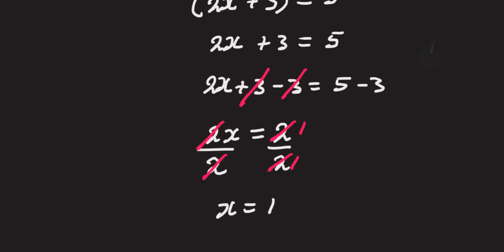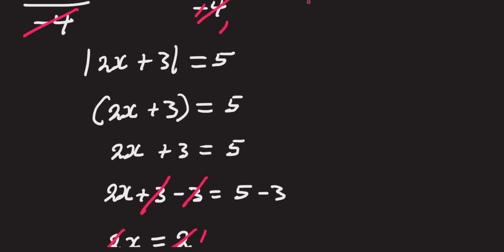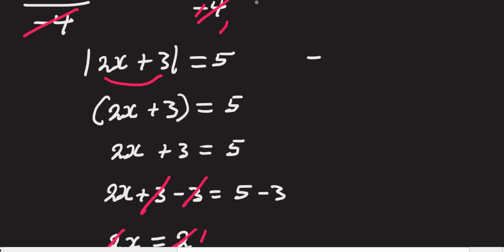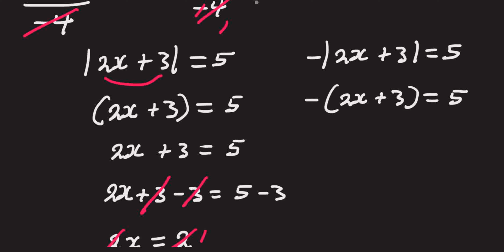And now let's look at the second part of this question. So if we assume that this is negative, then we place a negative outside, and then the absolute value of 2x plus 3 is equal to 5. And place that in parentheses, so they become negative of 2x plus 3 is equal to 5.